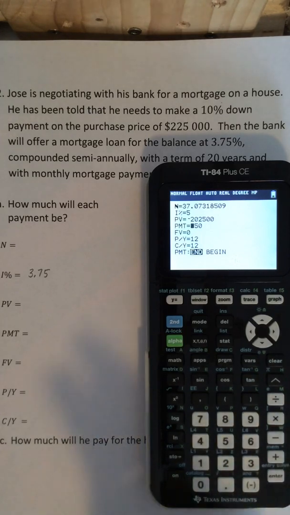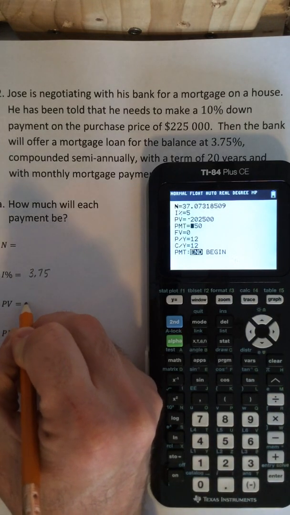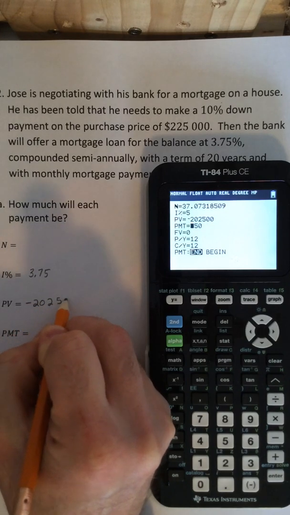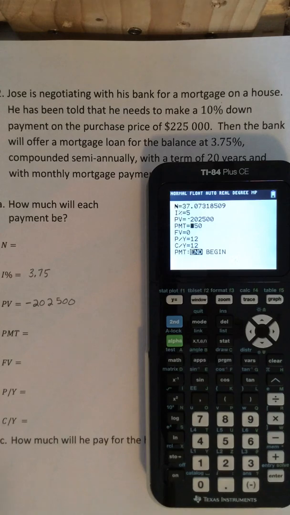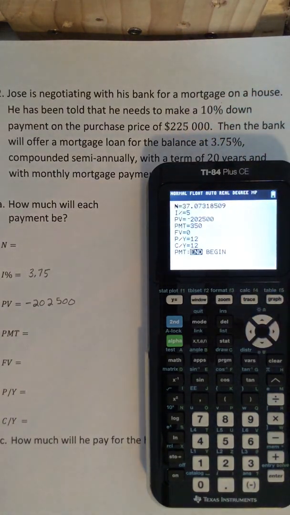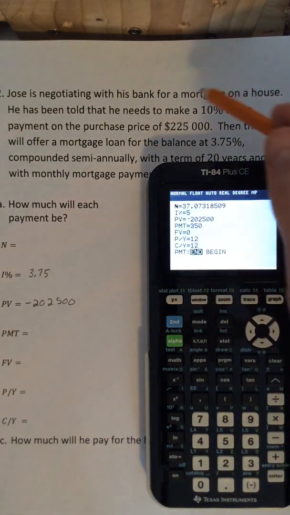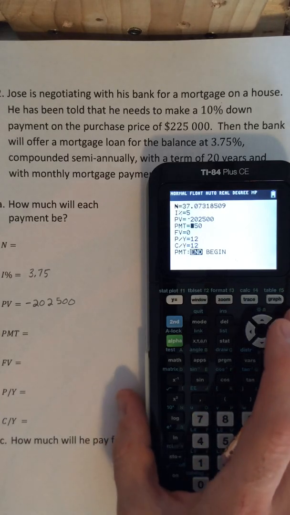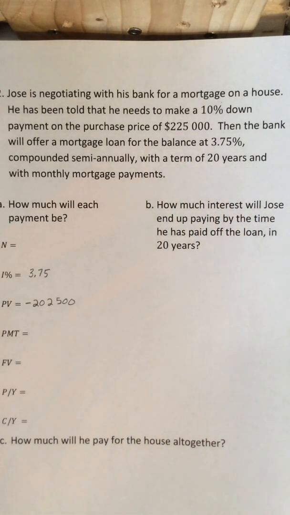If you enter, it will calculate the payment value with the 10% taken off. If you subtracted 10% of 225,000 from the 225,000, this is what you would get, $202,500. So this is his present value.